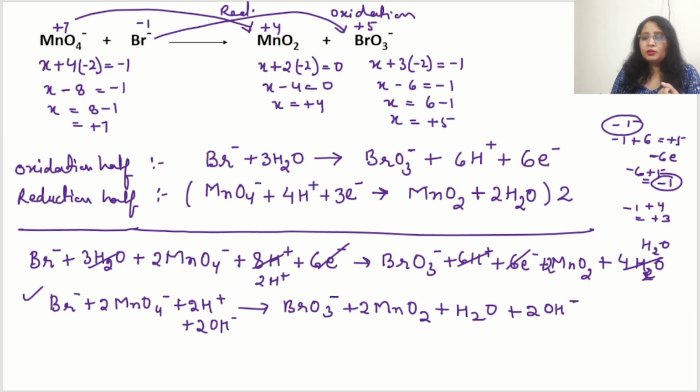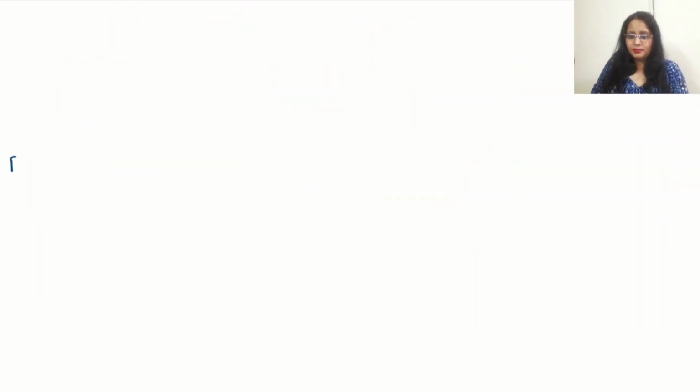Now what will 2H plus 2OH minus become? That will give us 2H2O. So Br minus plus 2MnO4 minus plus 2H2O is the left hand side.